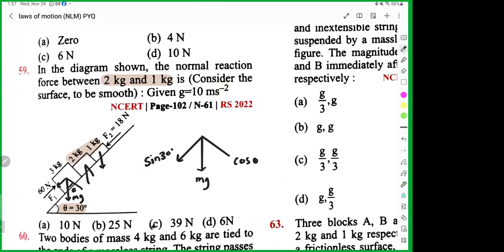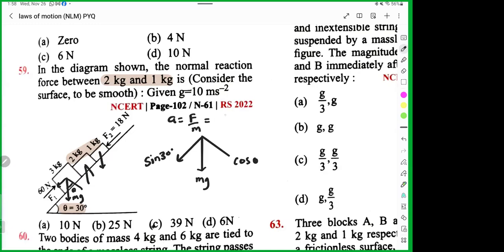Now you have to make the FBD, free body diagram, and through this you will get to know that g sin theta will be common in all the three masses. You have to take sin theta in every situation, and then you will get the answer. How? Example, if you see total force here, how will you calculate acceleration? Total force by total mass.